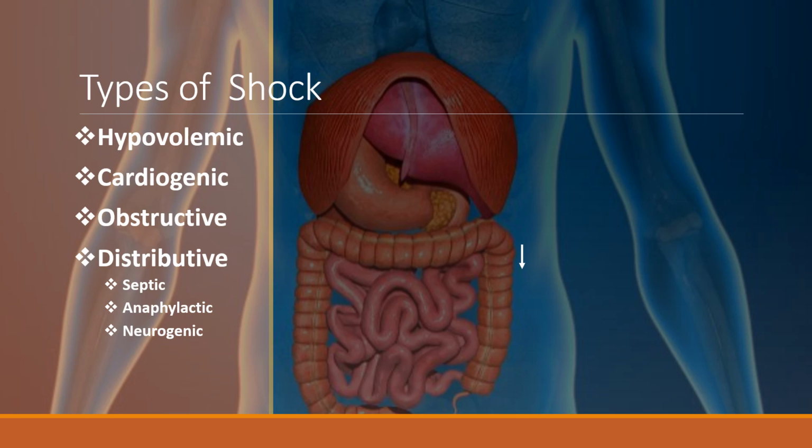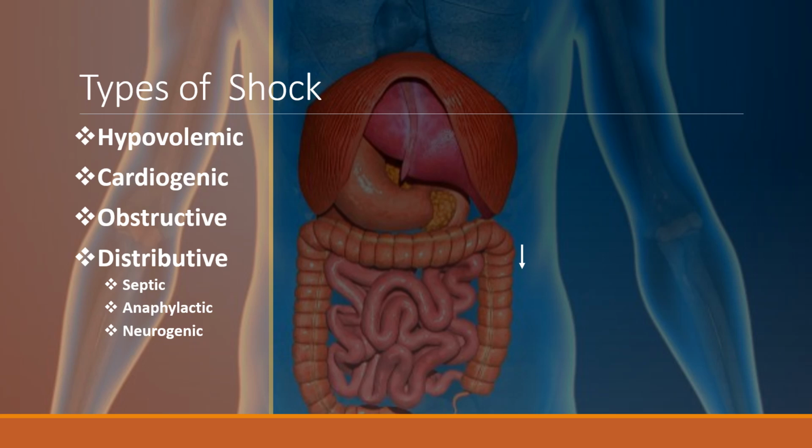Or we have a pulmonary embolus, where the blood cannot get through. We have a tension pneumothorax, which is affecting the function of the heart, etc. We may see obstruction of the heart or great vessels, and it does impede venous return.